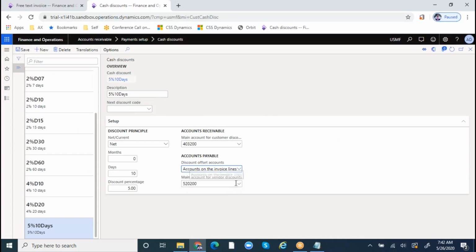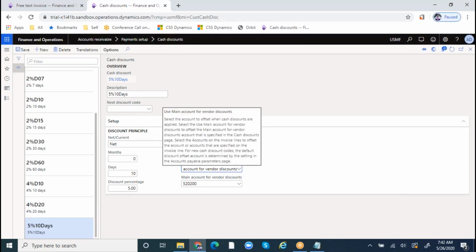But I have not used much on this one, to be frank. So if it is lines, it is not allowing to change here. I will verify, but if it is vendor account, it is taking this account. Lines, I will verify. Let me write down in one book. I have not concentrated on this point till now. Give me 1 second.